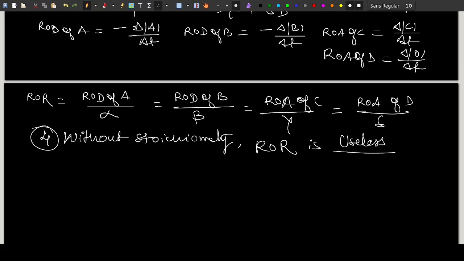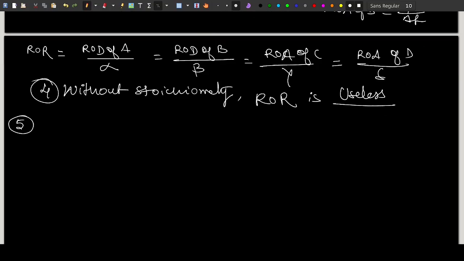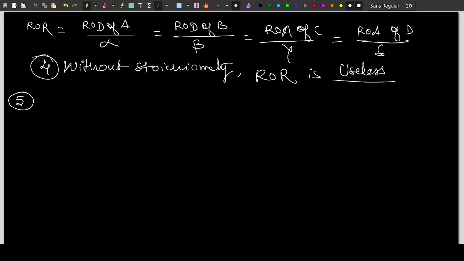Why? Because it is dependent on stoichiometry. But friends, in the exams, sometimes stoichiometry is given and sometimes stoichiometry is not given.